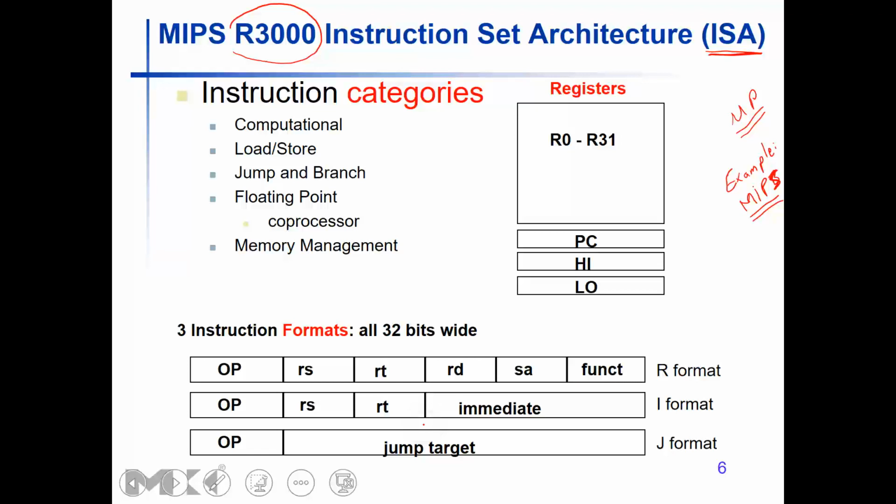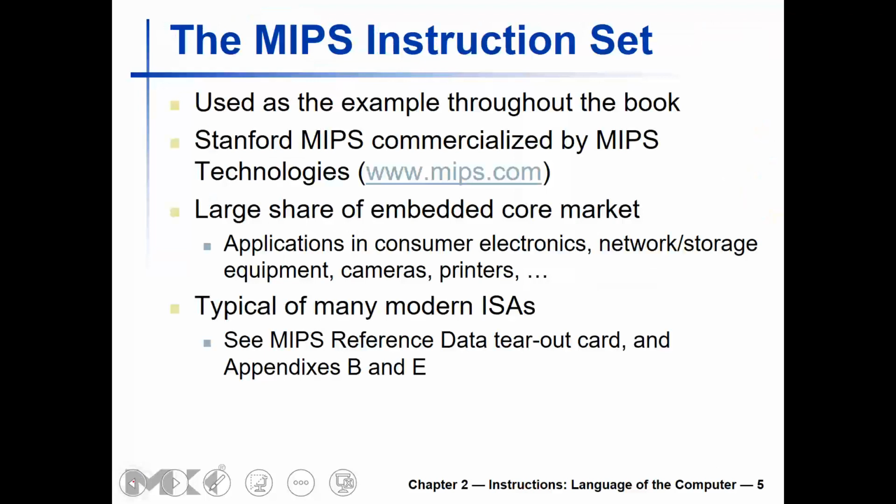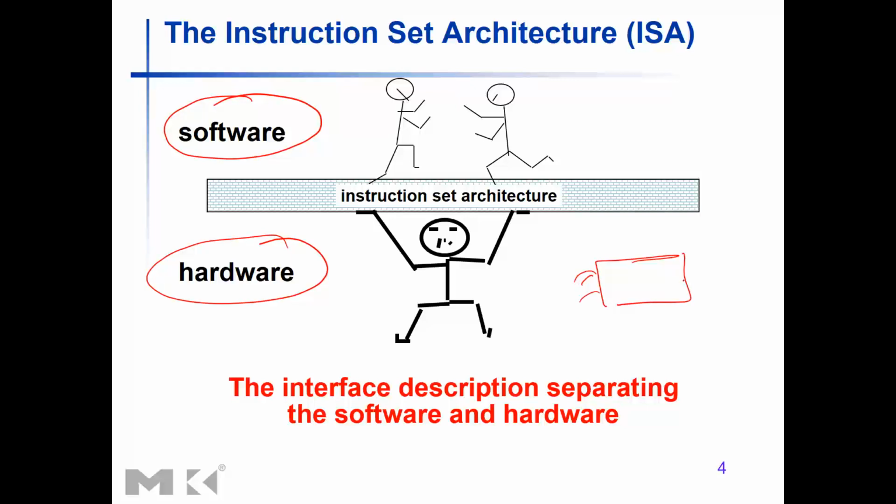Here is what we mean. The instruction set architecture is basically the interface between the software world and the hardware world. Here lives our microprocessor, on the motherboard, and it understands the language of zeros and ones.